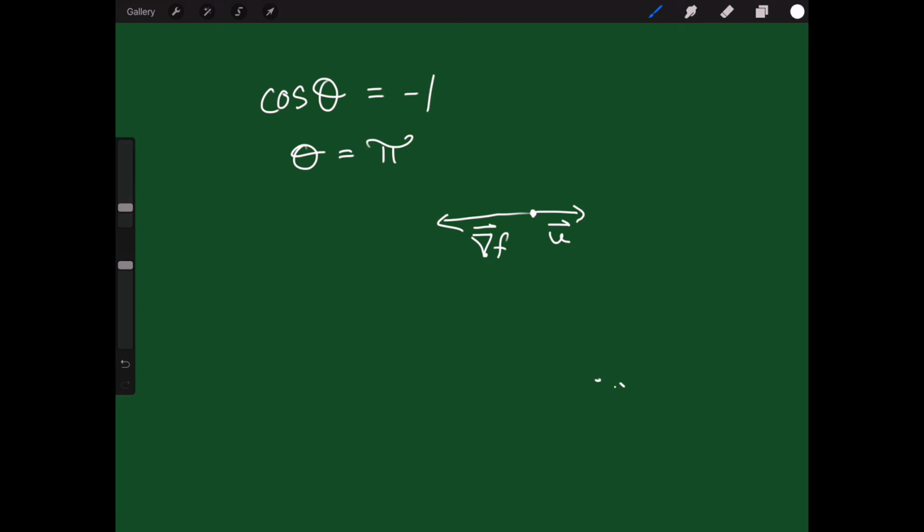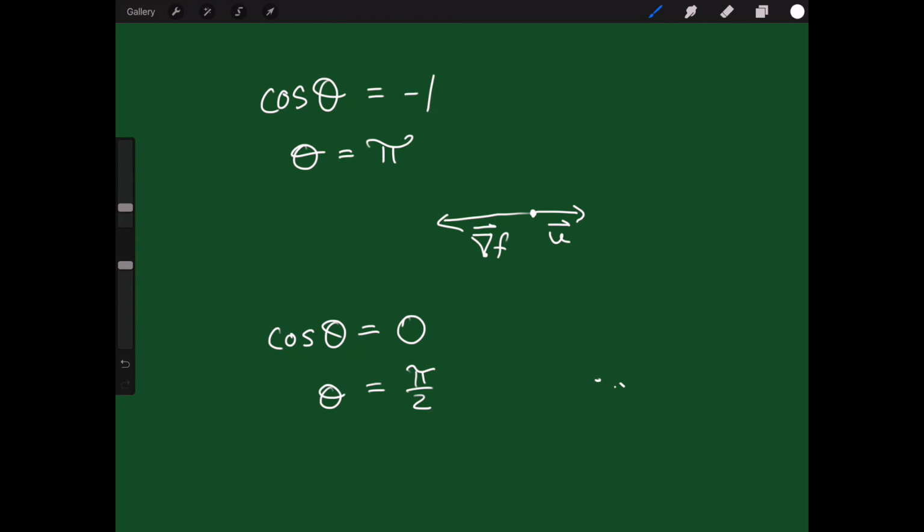Okay. Another thing that's interesting is, what if cosine of theta was equal to 0? Where does that happen? Well, cosine of theta equals 0 when theta is pi over 2, right?